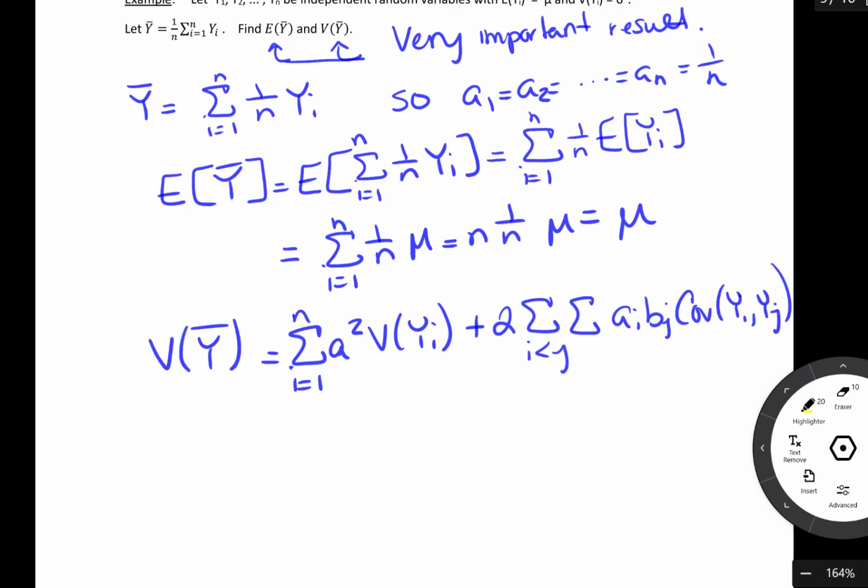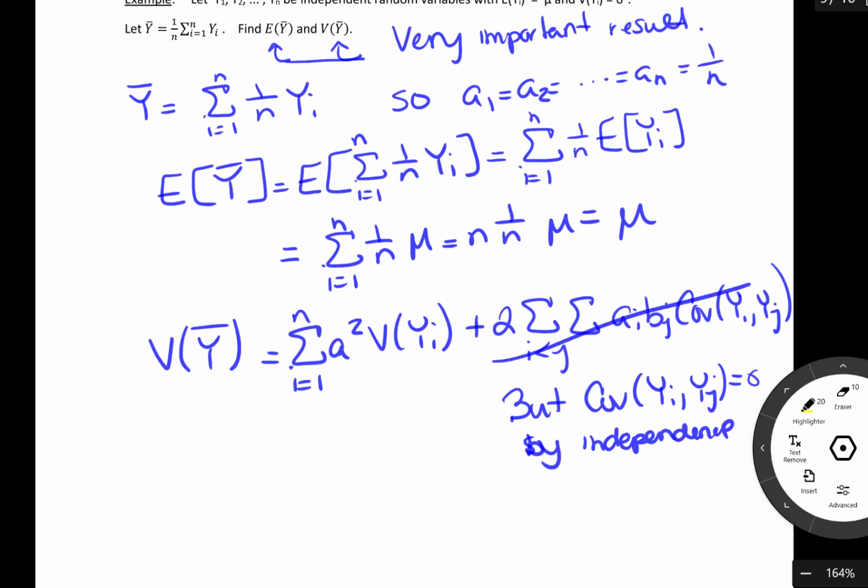But notice here that y1 through yn are independent. So since they're independent, we know that the covariance of yi and yj is equal to 0 by that independence.